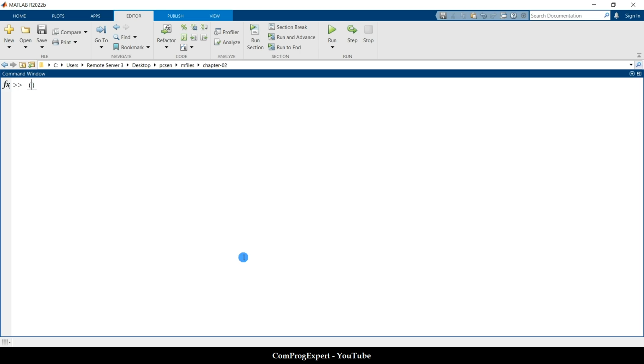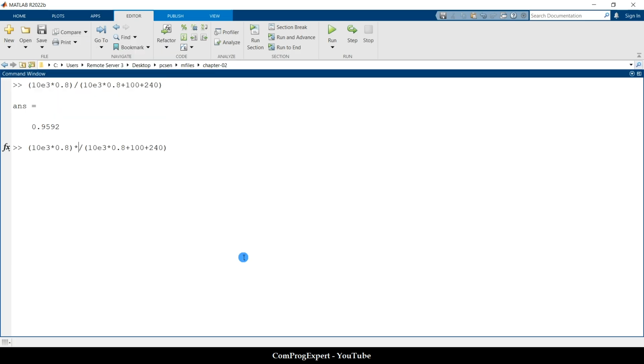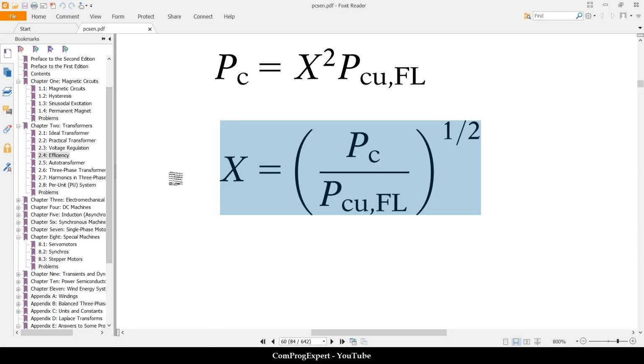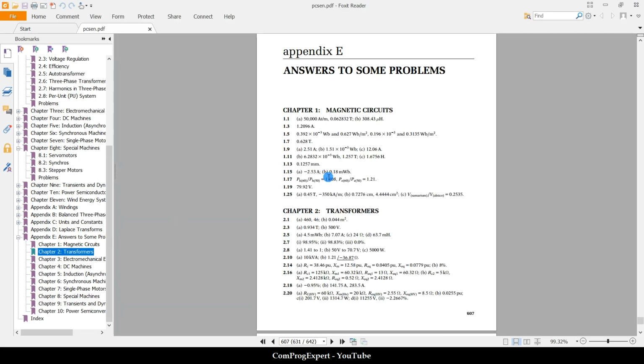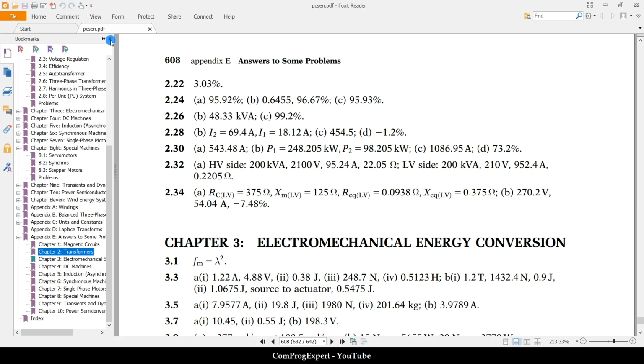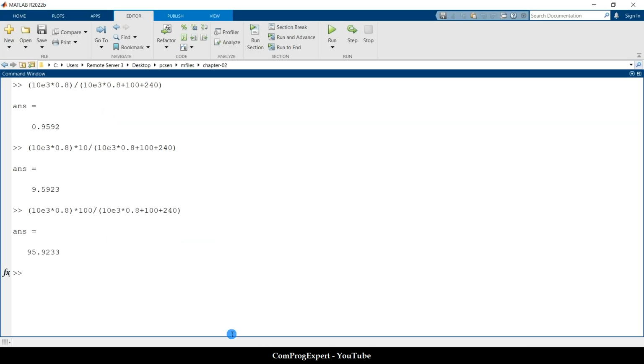This is 10,000 times 0.8 divided by 10,000 times 0.8 plus 100 plus 240, times 100. 95.9, this number. So let's check. We have the solution of this problem, problem 24. Okay, 95.92%, this number.